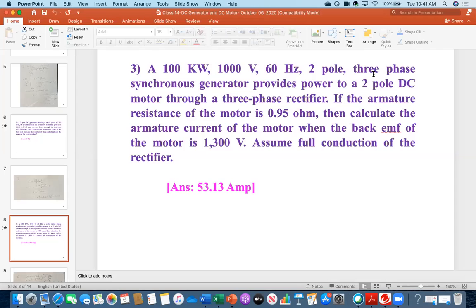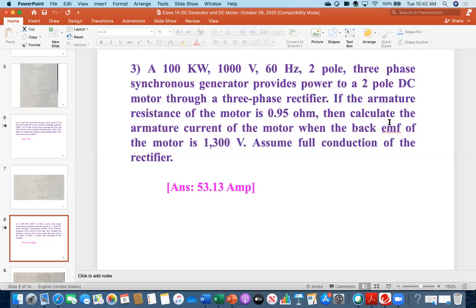This means because we are discussing a DC motor, you need DC voltage applied at its terminal. That's why there is a 3-phase rectifier. This means the 3-phase synchronous generator is giving you the AC voltage, which in this case is 1000 volt RMS line to line voltage. And then the rectifier is converting it into DC, and that DC is going to the motor. And then you see armature resistance is given.